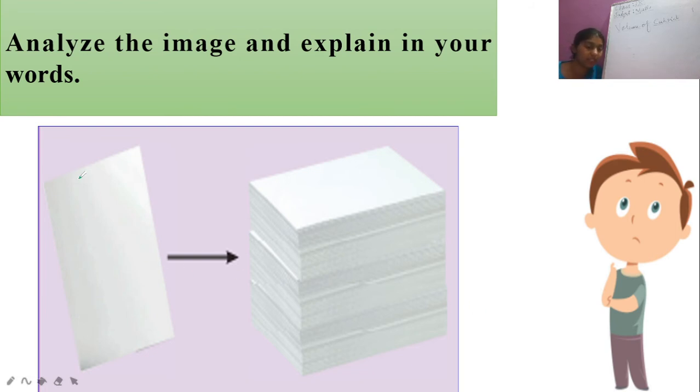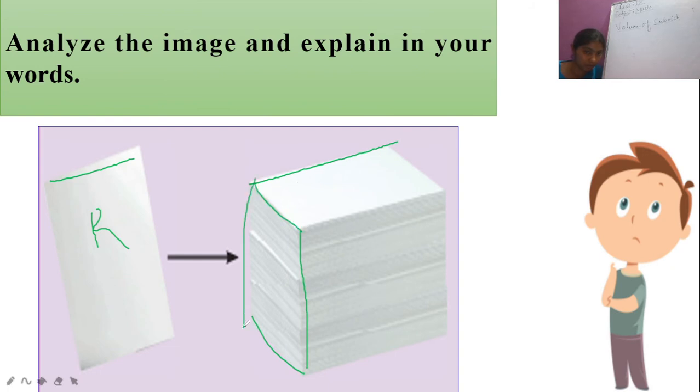So we can say that this is a rectangle, right? Whenever you make bundles of such rectangles, you will get the form of a cuboid, right? So this way also you can easily find the cuboid.